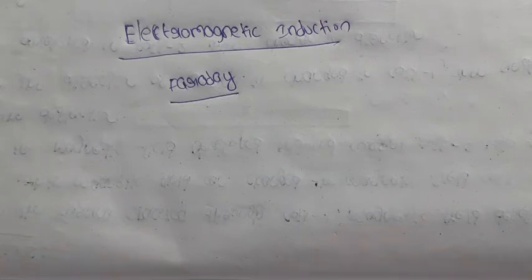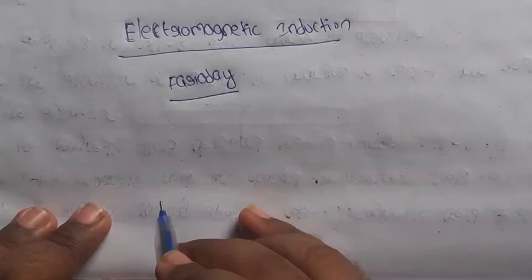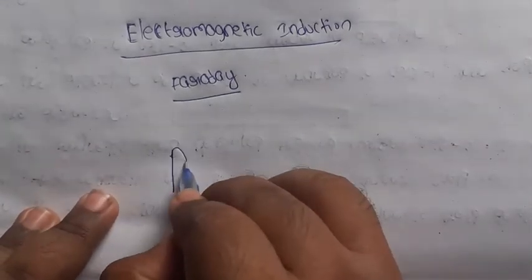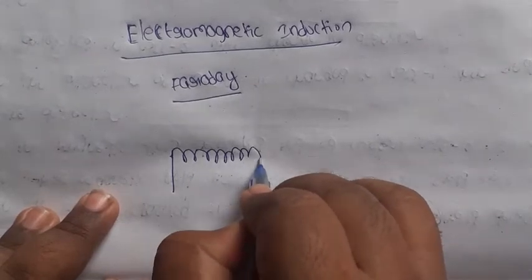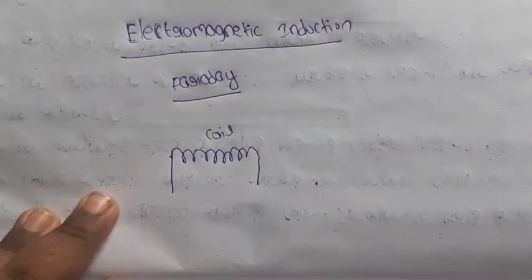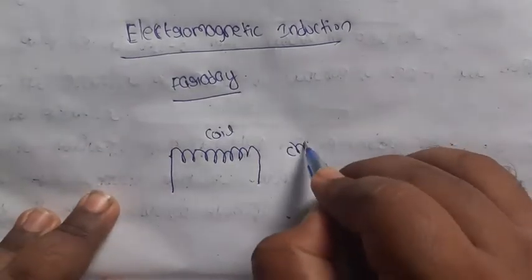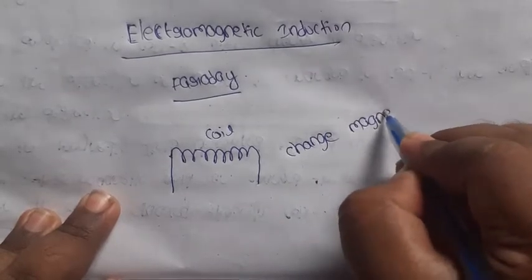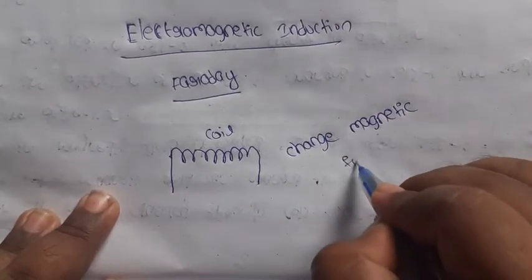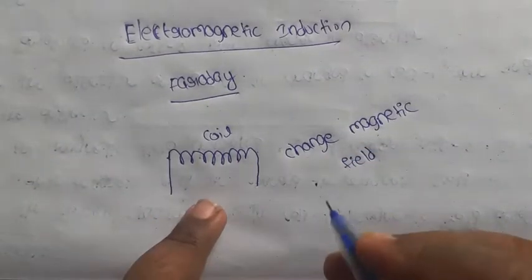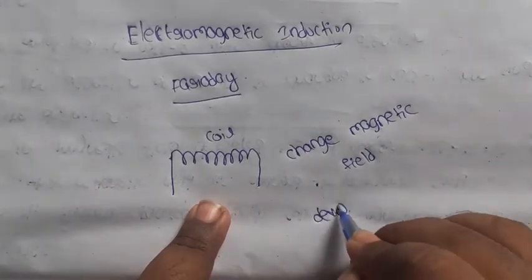In the two experiments, what we have learned, the main point is, suppose I am taking a coil. This is one coil. If you change the magnetic field surrounding the coil, induced current develops in this coil.